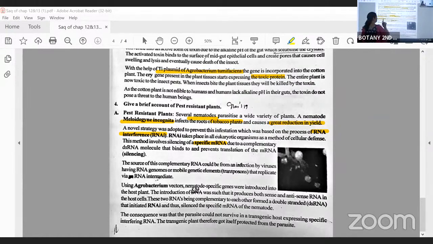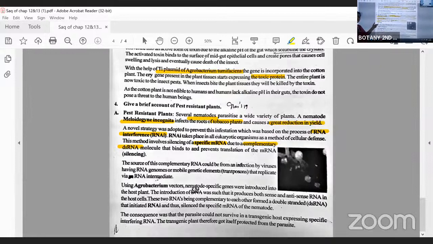Okay, so with this RNA gene, what will it do? It makes the mRNA silenced. So that occurs by what way? By the complementary double-stranded RNA, what I said already.